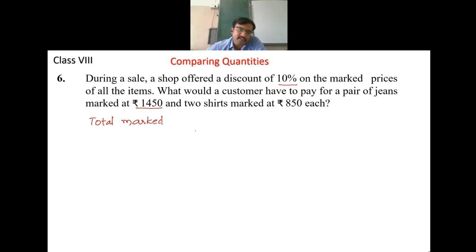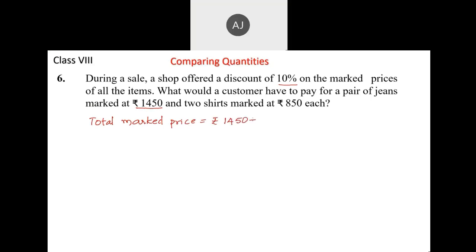So the total market price will be 1450 plus 2 times 850. 2 times 850 is 1700, plus 1450, and we get 3150. This is the total market price.